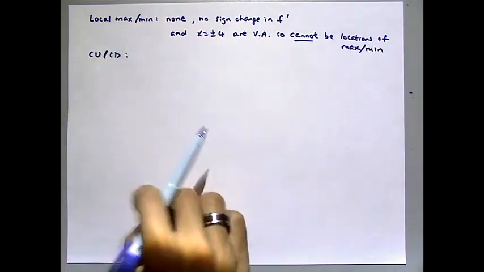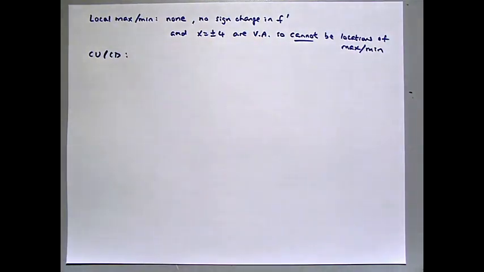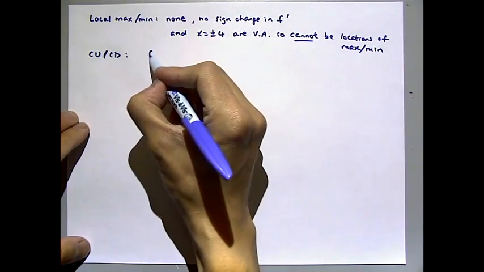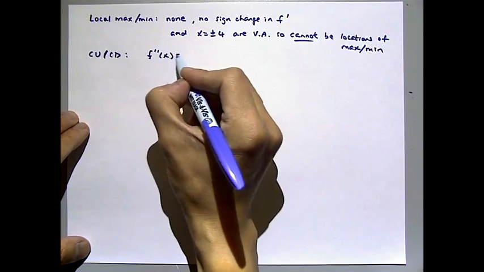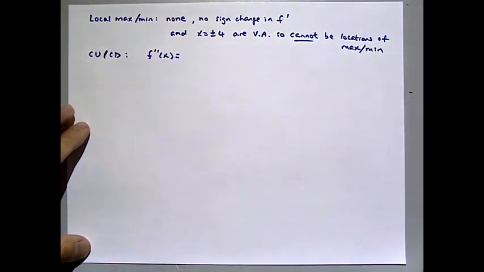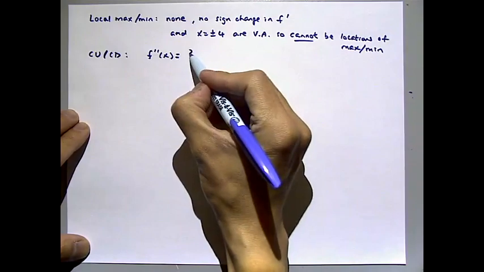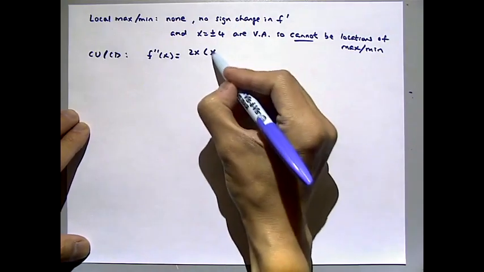This is where we hope useful information can be obtained. That's our last chance. There's nothing more to do beyond that. Now we work with the second derivative. And again, we know how to take the derivatives by now, so I'll just go directly to what it is.